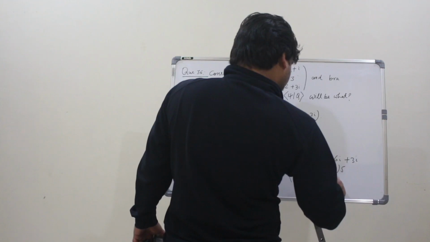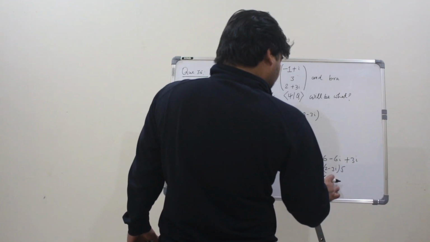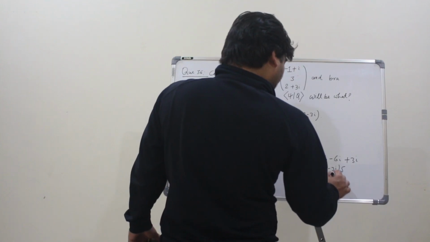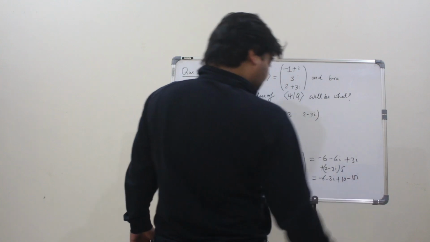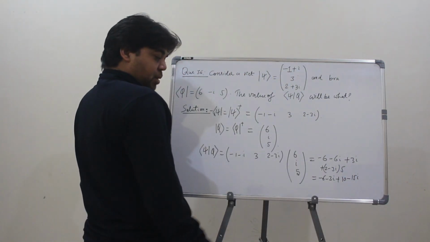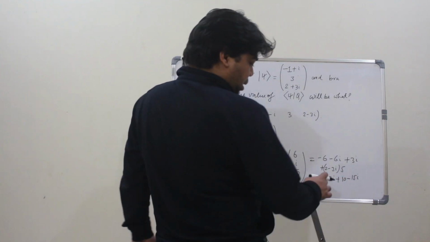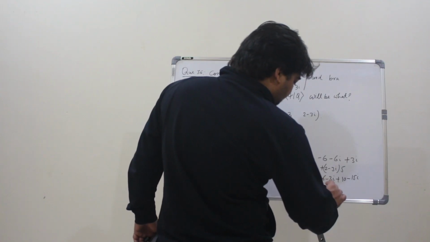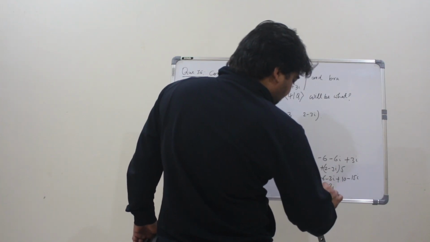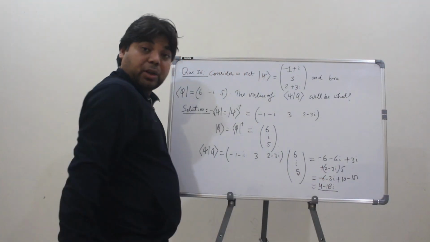So it gives you minus 6 minus 6i, minus 6i plus 3i, and then 10 minus 15i, right? So just add it. Minus 6 plus 10 is 4, and the imaginary parts: minus 6i minus 6i plus 3i minus 15i is minus 18i. So how much are you getting? 4 minus 18i. So the inner product will be 4 minus 18i.